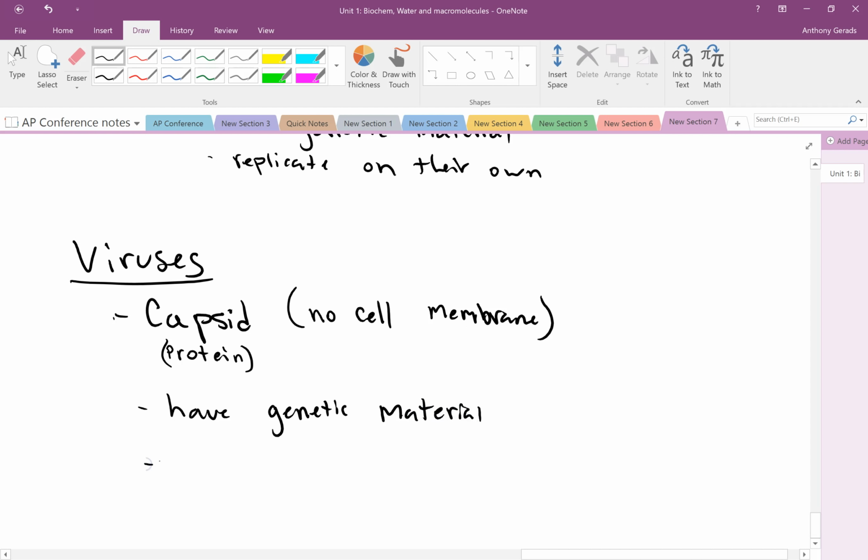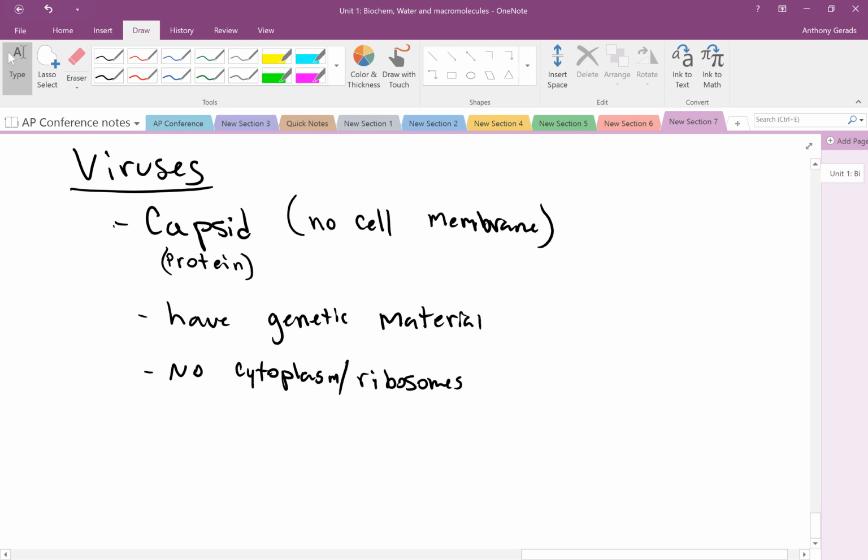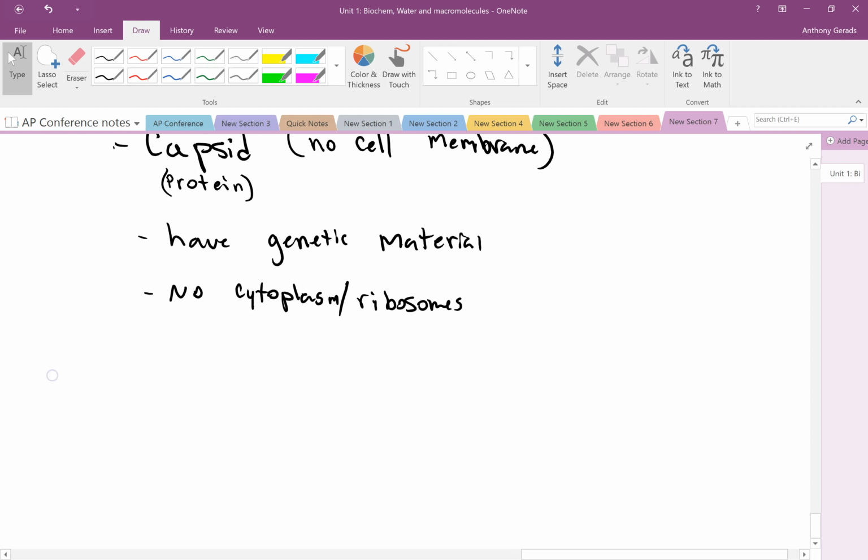And they don't have cytoplasm or ribosomes. Okay. So they have no cell membrane, they have protein, they have genetic material, they have no cytoplasm or ribosomes, and the life cycle.